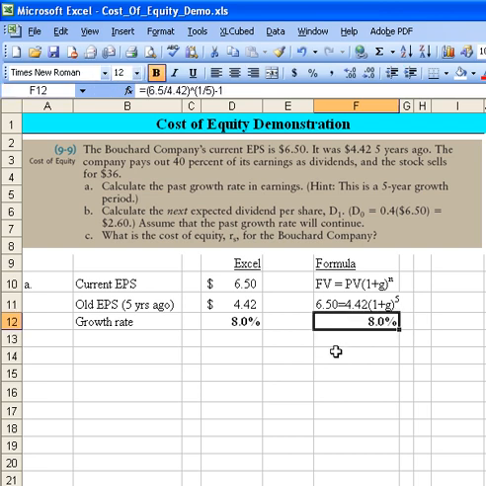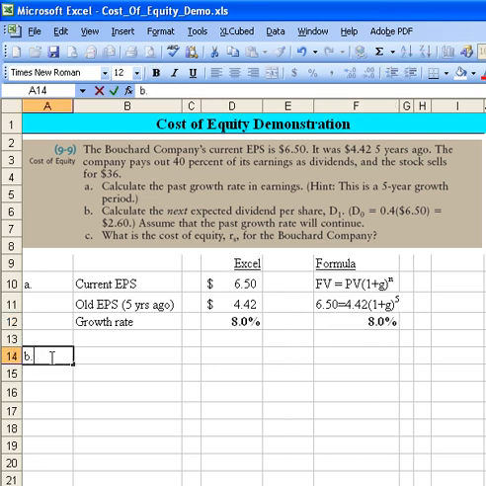If we just raise it to the power of 1/5, we come up with 1.08, and then we can back off the 1 from it to come up with the term for g rather than the term for 1 plus g. Okay, so that takes care of how to solve this using the formula.